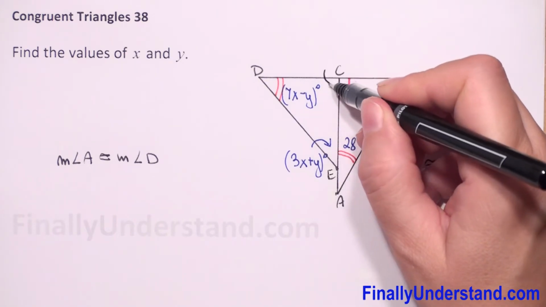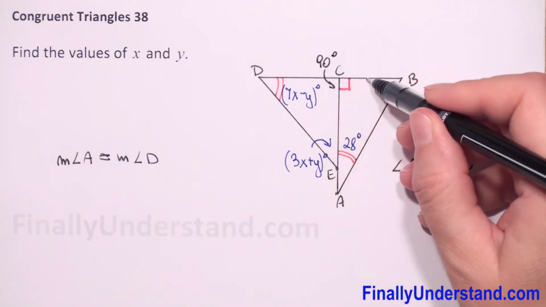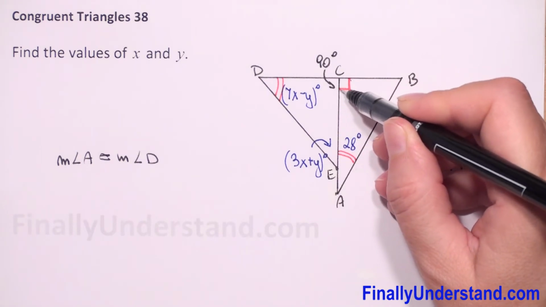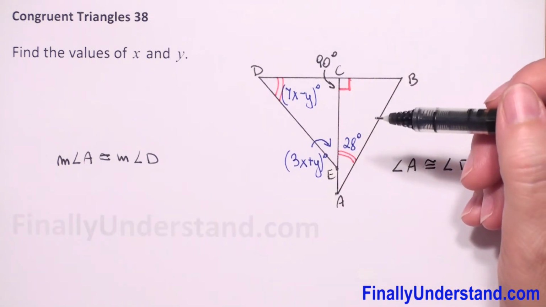Because we have a straight angle here, we have 180 degrees, 90 is on the right side, so on the other side must be 90.